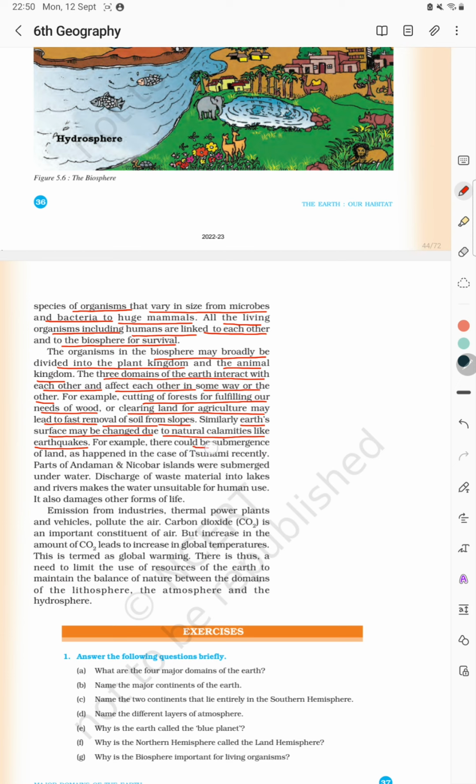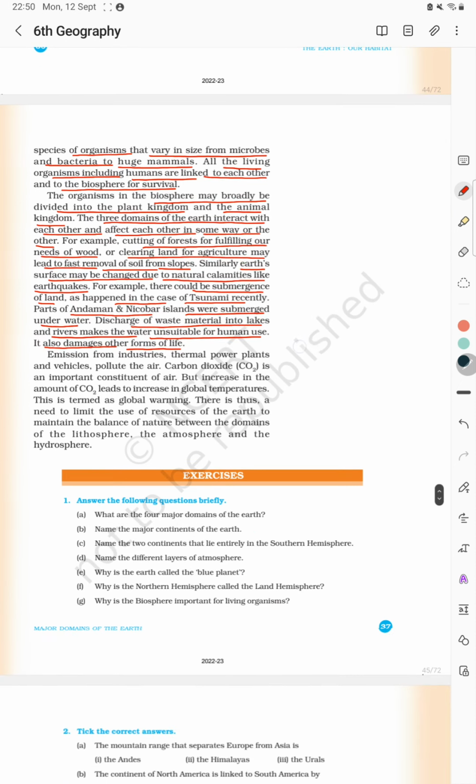For example, there could be a submergence of land, as happened in the case of tsunami. Parts of Andaman and Nicobar Islands were submerged underwater. Discharge of waste material into lakes and rivers makes the water unsuitable for human use. It also damages other forms of life.